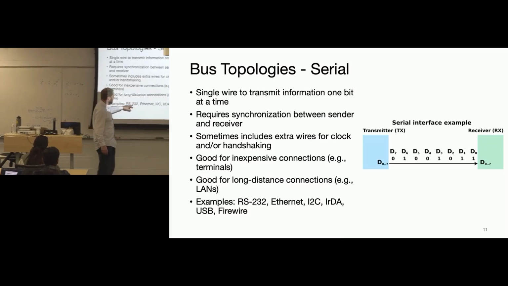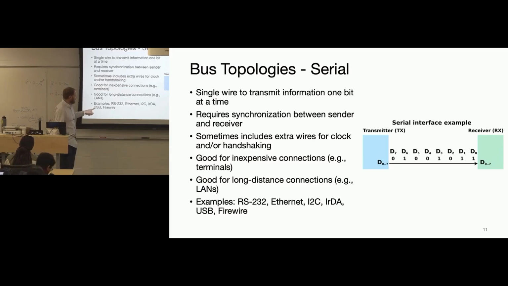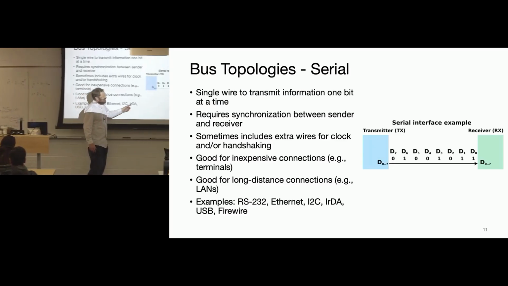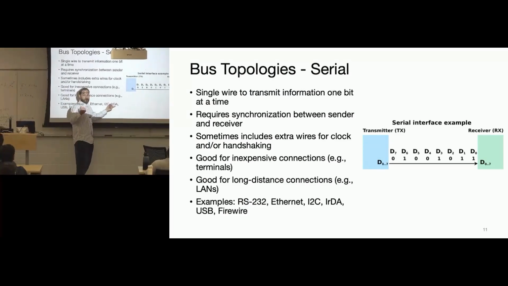So examples are RS-232 and Ethernet. USB is the most predominant version of the serial. It's literally Universal Serial Bus. FireWire used to exist. There's IrDA. What does DA stand for? I don't know. But this is a protocol, your optical protocol for your remote controls, right? That's considered a serial bus. We'll talk about that later.